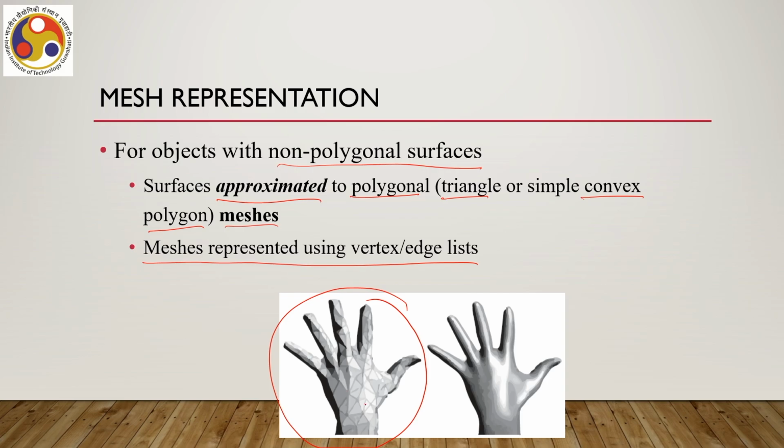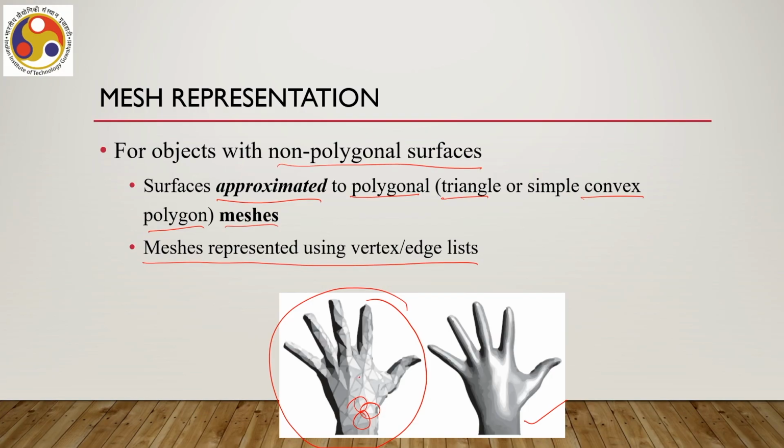However, as shown in this figure, we can use the triangular mesh with all these triangles as you can see to represent this hand, and then subsequently process this mesh to reconstruct the hand or render it on the screen. Clearly, as is evident from this image, the more polygons in the mesh, the better the approximation it will lead to.